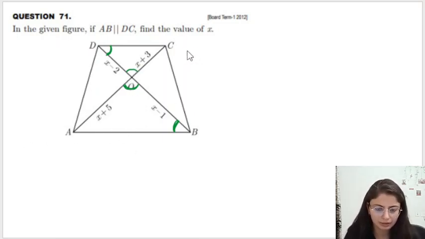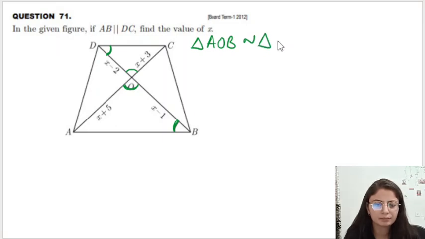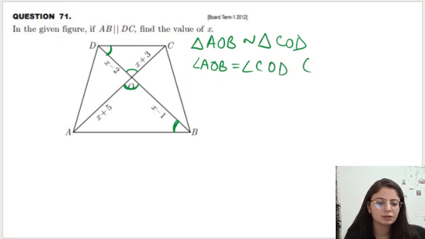So triangle AOB is similar to triangle COD. Why they are similar? Because angle AOB is equal to angle COD, which is vertically opposite angles.